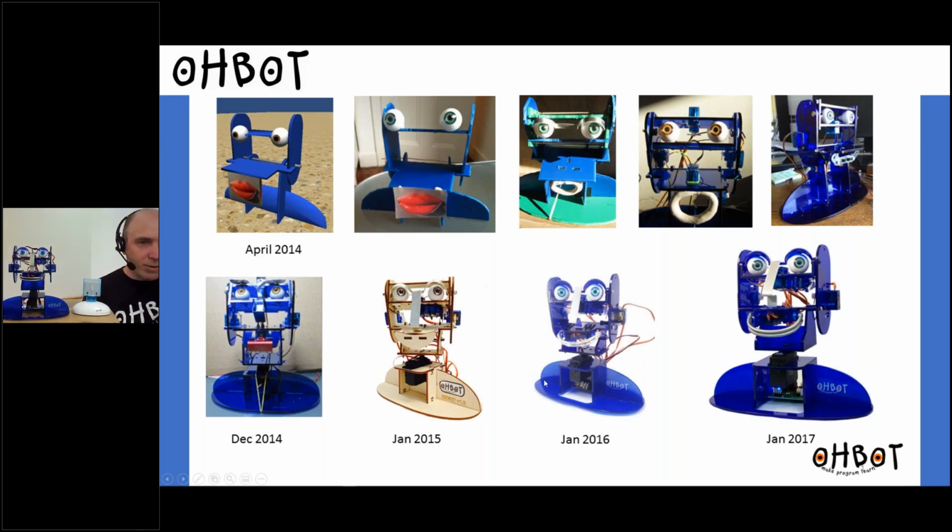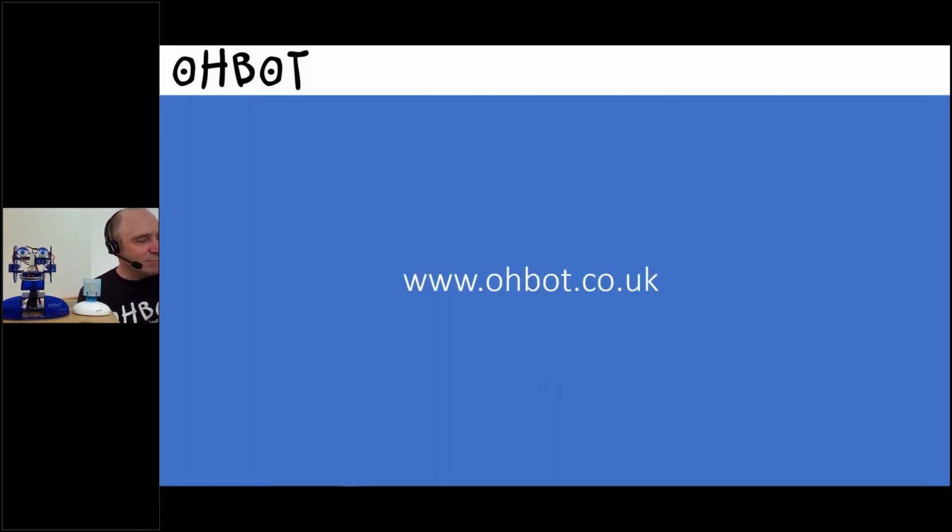And so now we have OHBots, and we make OHBots available via our website. And before you all turn off and think that there's nothing you can do unless you have an OHBot, I want to point out that we've got an app that allows you to program an OHBot without having an OHBot. So this is completely free.